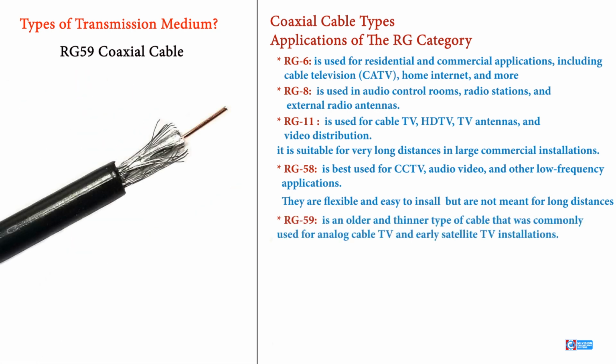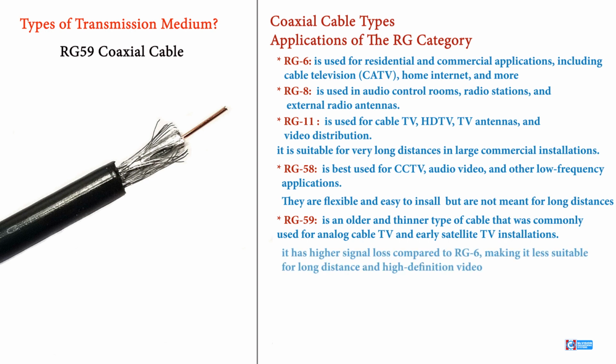RG59 coaxial cable is an older and thinner type of cable that was commonly used for analog cable TV and early satellite TV installations. It has higher signal loss compared to RG6, making it less suitable for long-distance and high-definition video.